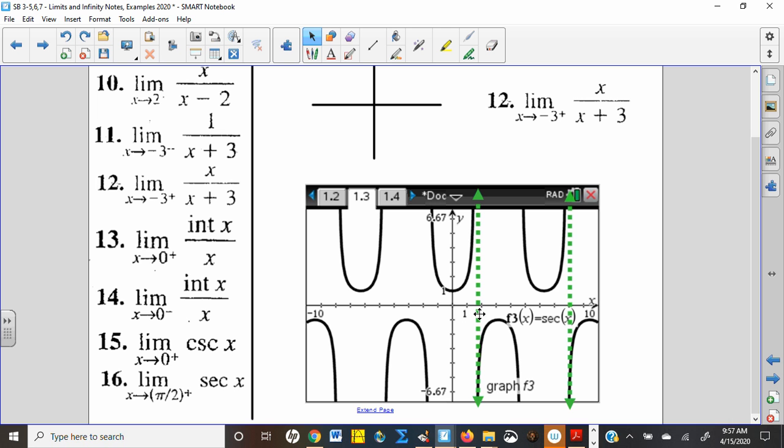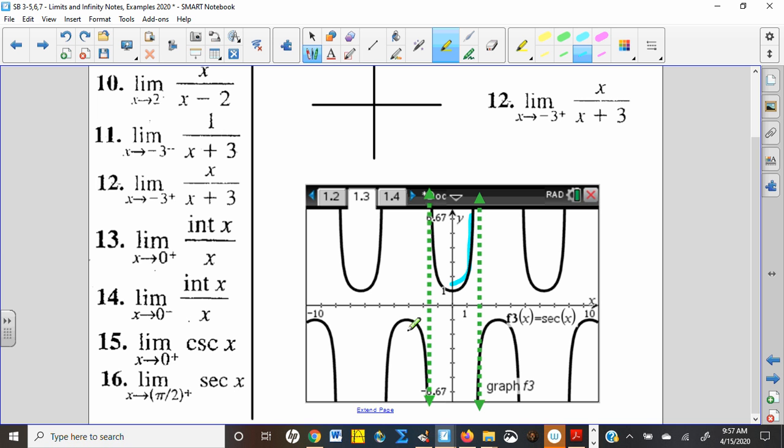However, if I do the other multiples of pi over 2, so like negative pi over 2, 3 pi over 2, etc. Now as I come in from the left, I'm going down. As I come in from the right, I'm going up. See how these are opposites depending on what direction I'm coming in? This one, as I come in from the right, I'm going up. But this one, as I come in from the left, I'm coming down.